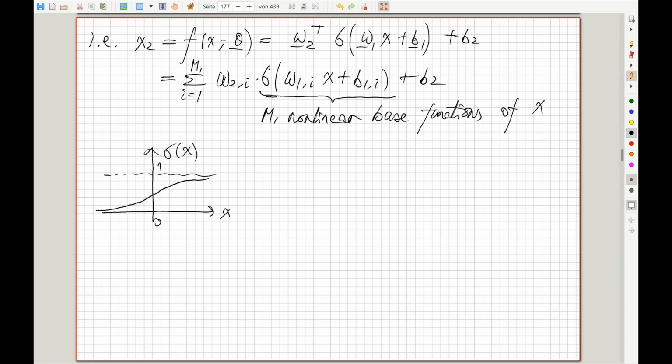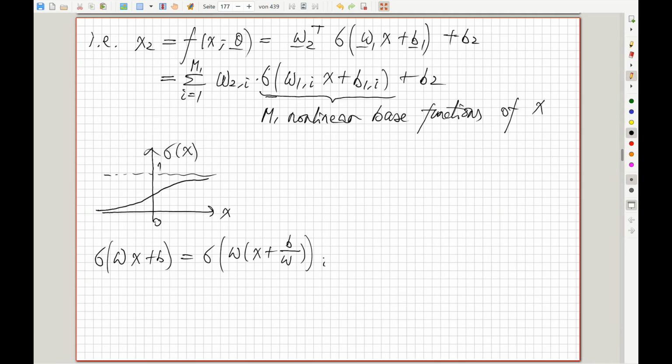But now our base function, the sigma activation function, is applied to something else. When I take a look at the formulation, I ignore all the indices: sigma of W x plus b can be written as sigma of W times x plus b divided by W. It's a reformulation.